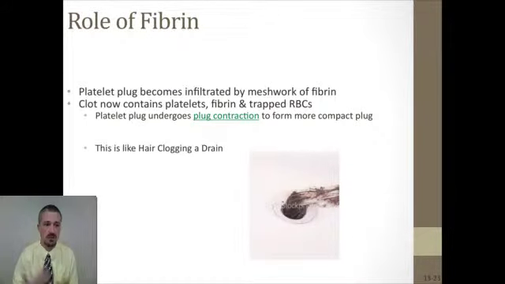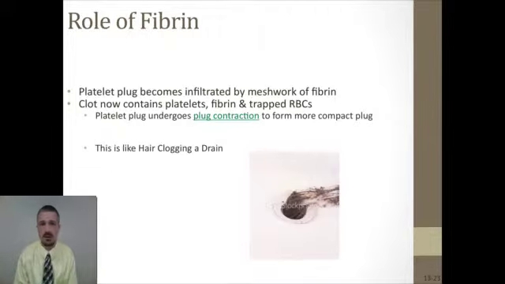So to me, the role of fibrin is a lot like the picture I'm showing you at the bottom here. I know it's a disgusting picture, but it drives home the idea of how fibers can actually seal up this hole. If you or your wife have long hair, you take enough showers with that drain, and if you don't have some way of sealing that drain hole and not letting the hair get in there, over time you get enough small hair fibers and they lay this way.